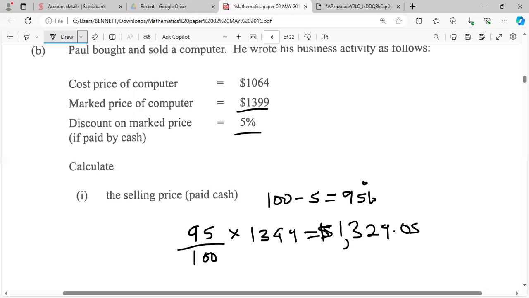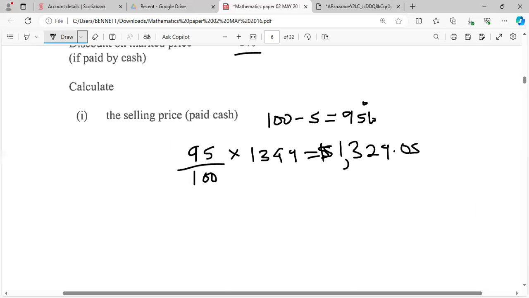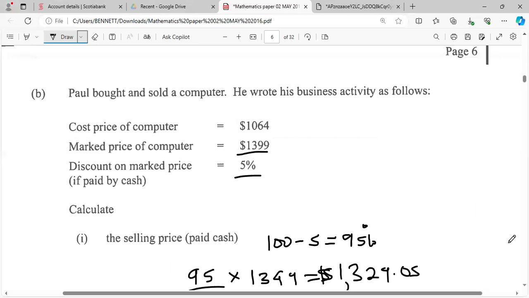Let's proceed. We need the profit or loss as a percentage of the cost price. So they did say bought for 1,064, that's the cost price, and the selling price is 1,399. Let me go enter that, making sure the number is correct first. Yeah, 1,064.